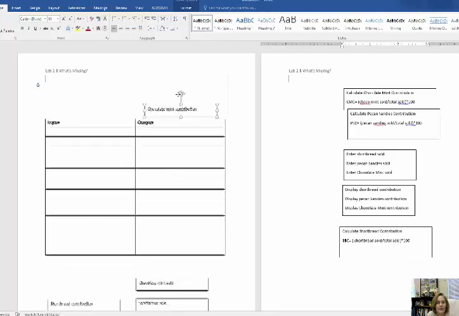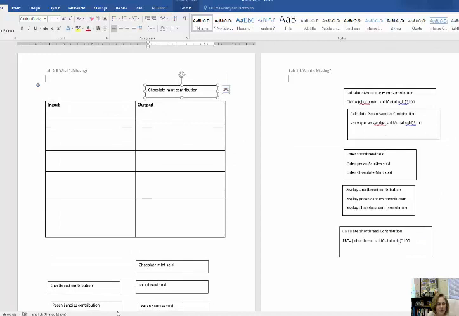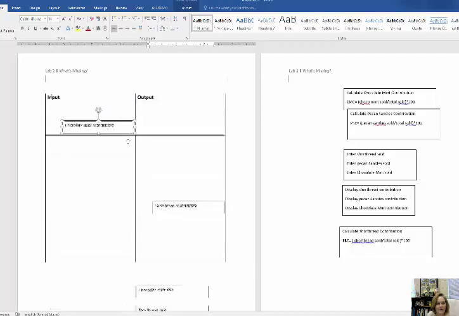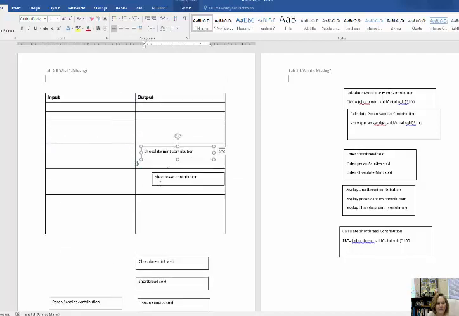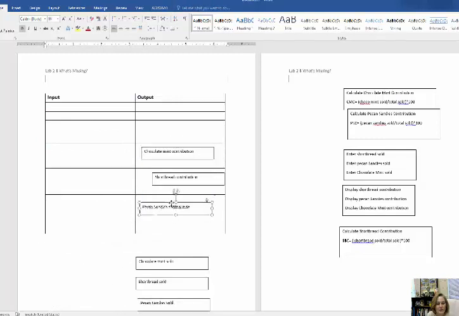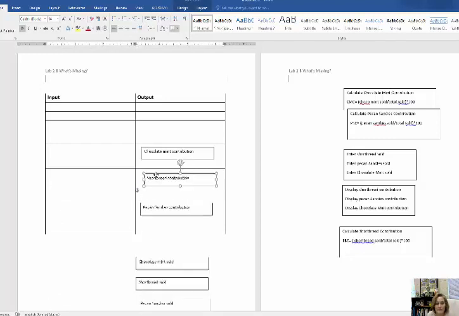Of course, when I thought my little boxes would move over, there we go. We're going to put them in the output column. All of these are cookie contribution types, and they are output according to the instructions given.